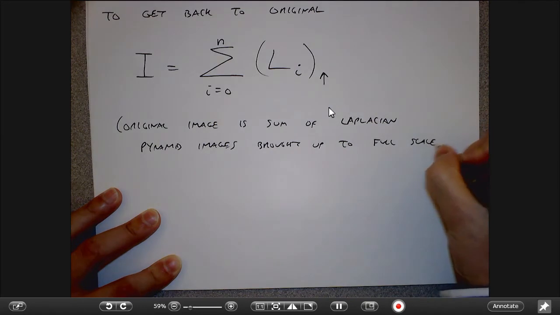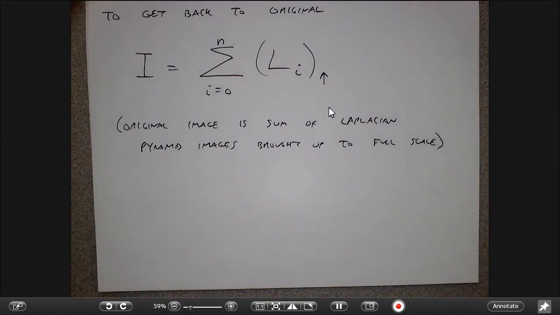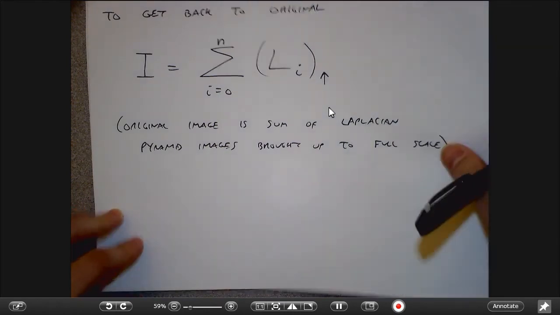And the insight here is that if I want to, I can make my composite image by creating pyramids for my source image and my target image. This is where it gets a little bit hairy.